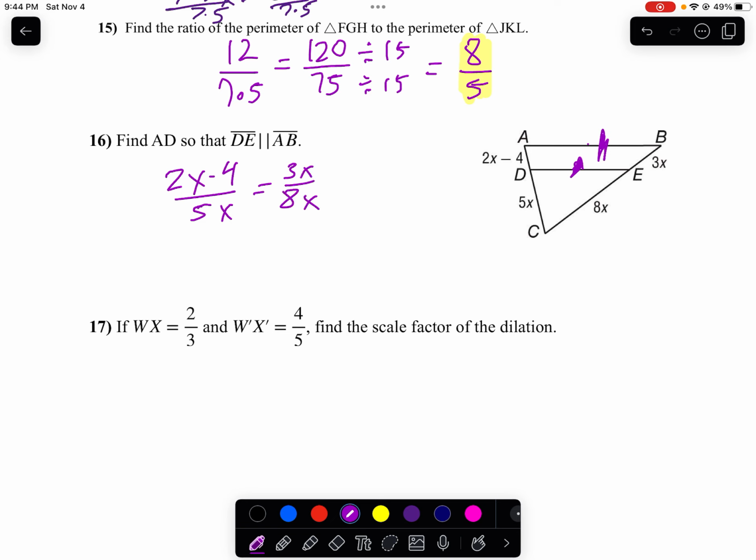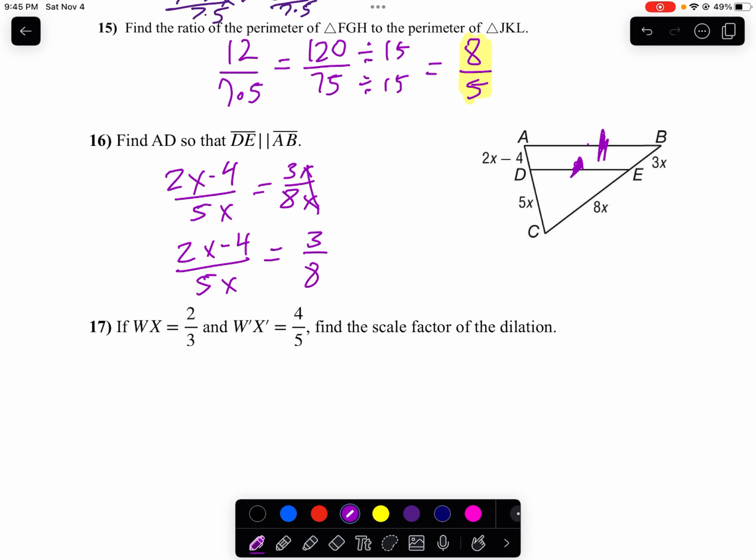Now I can't reduce my x's on the left because the 4 doesn't have an x, but I can reduce them on the right. So we get 2x minus 4 is to 5x as 3 is to 8.